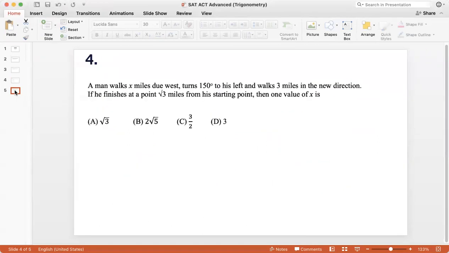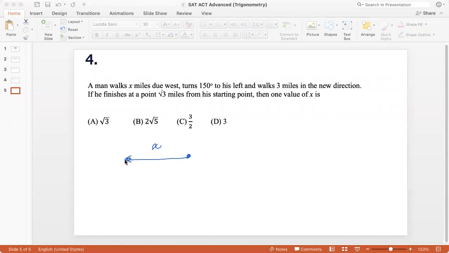Okay, next question. A man walks x miles due west. Okay, x miles due west, this direction, turns 150 degrees to his left. Okay, so the man is facing here.